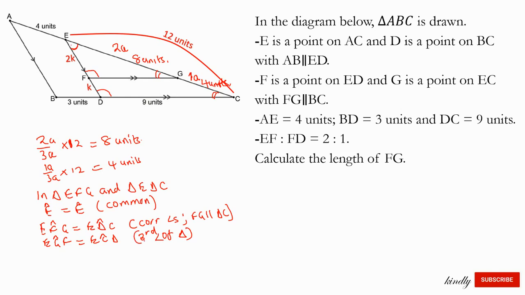Right, so now we can conclude, therefore, triangle EFG is similar to triangle EDC. E goes with E, F goes with D, and G goes with C. You see that?